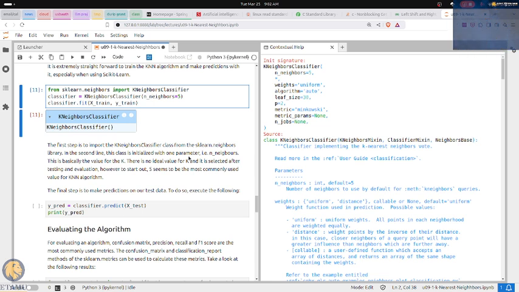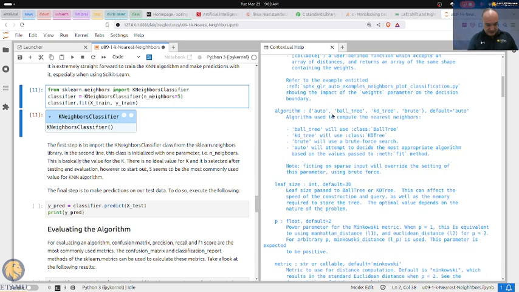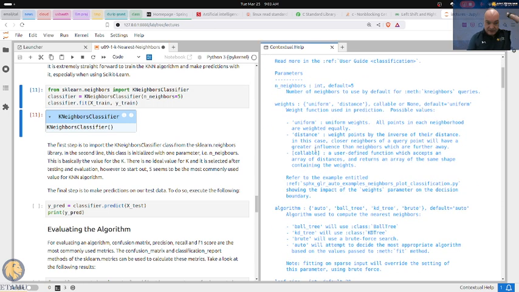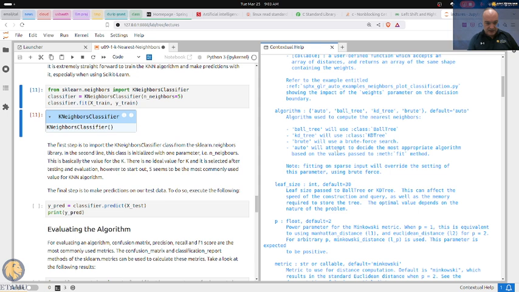So you specify the number of neighbors. Then there's the distance measure that's used, so it defaults to Minkowski. I'm sorry, no, the algorithm is not the distance that's used.